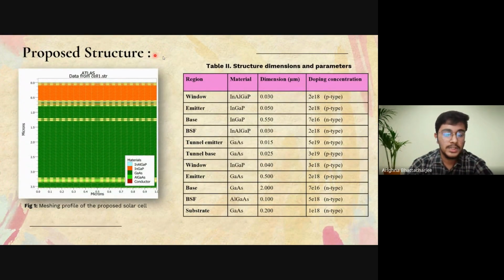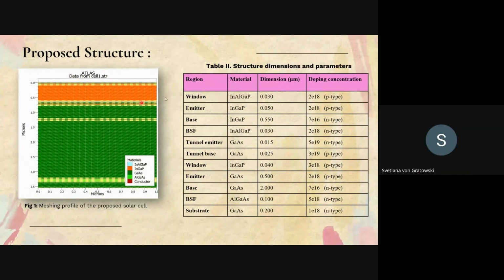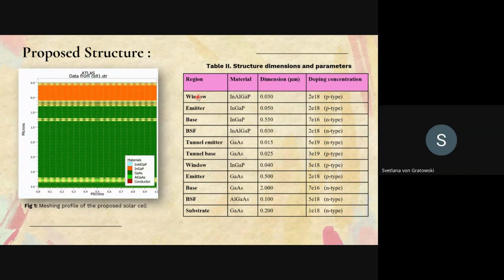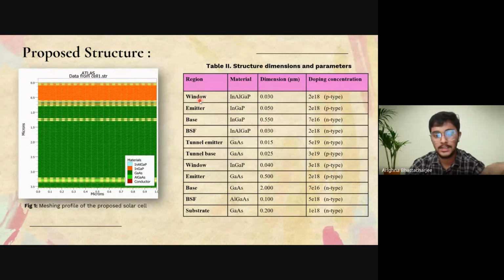Now coming to the proposed structure, on the left side, this is the meshing profile of the proposed solar cell plotted in the Tony plot of Silvaco TCAD. We have used denser meshing in the thinner layers and broader meshing in the wider regions. This is the structure dimensions for each cell in the dual junction solar cell.